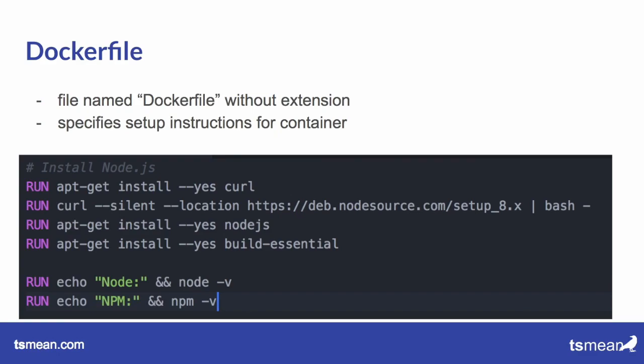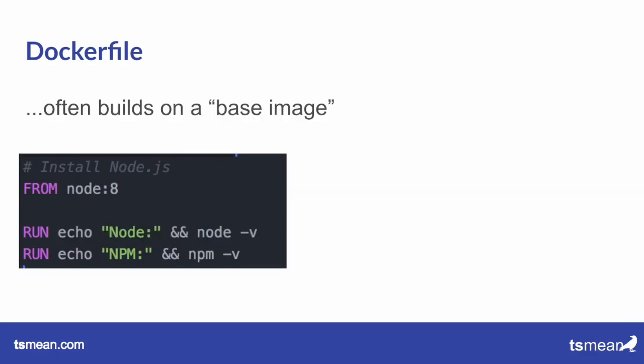And often you build a Dockerfile from a so-called base image. We'll get to what is an image in a minute, but this kind of shortens this installation of Node here. I just say FROM node 8.